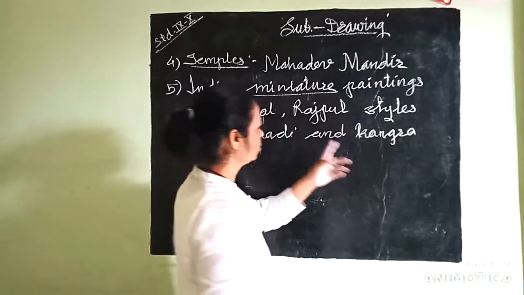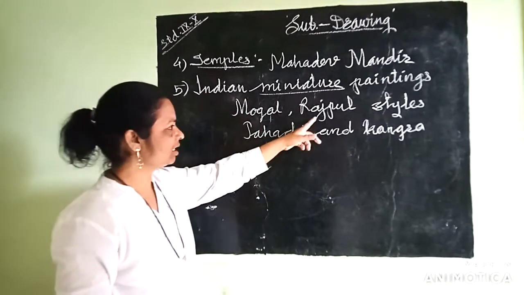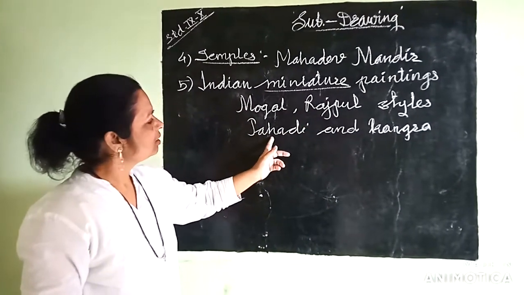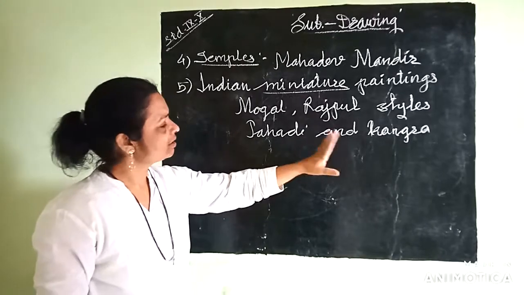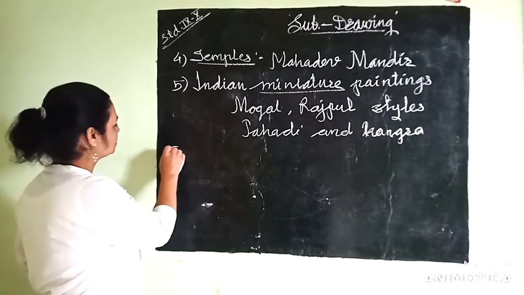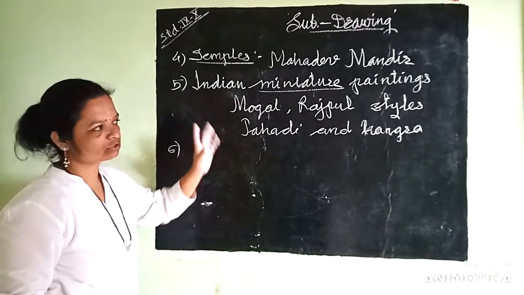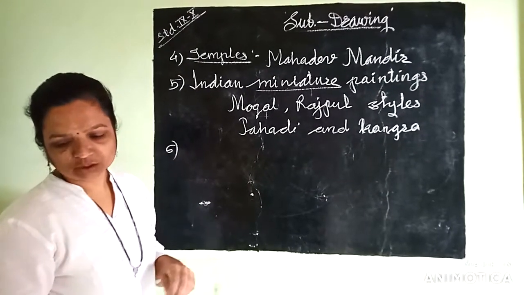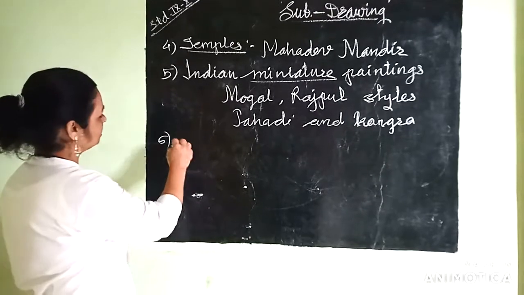These are miniature styles. Here you will find Mughal style, Rajput style, Pahadi style and Kangra style miniature paintings, their photos and related information also. Come to the next point, artists.